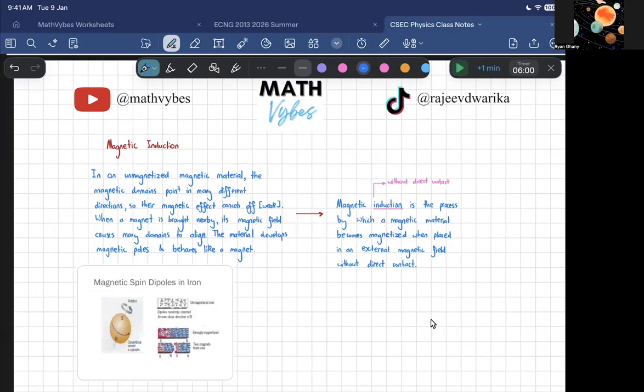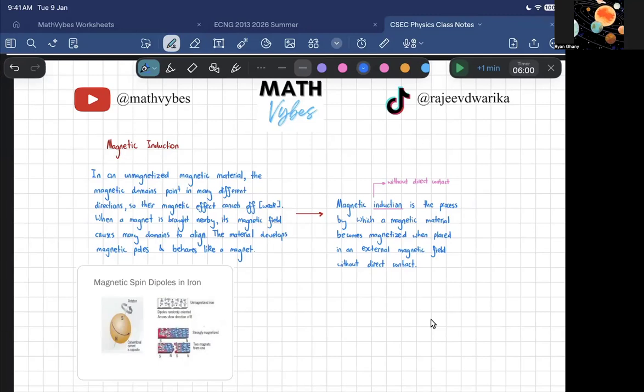Magnetic induction is the process by which a magnetic material becomes magnetized when placed in an external magnetic field without direct contact. You have a magnet, you have magnetic field lines, you have the magnetic material. The magnetic material feels the magnetic fields, and the magnetic domains align and they become magnetic.